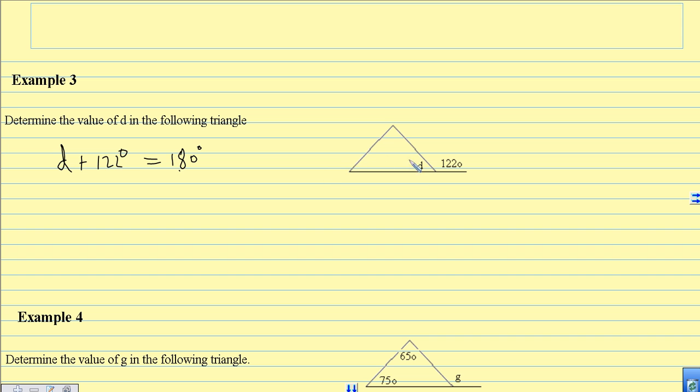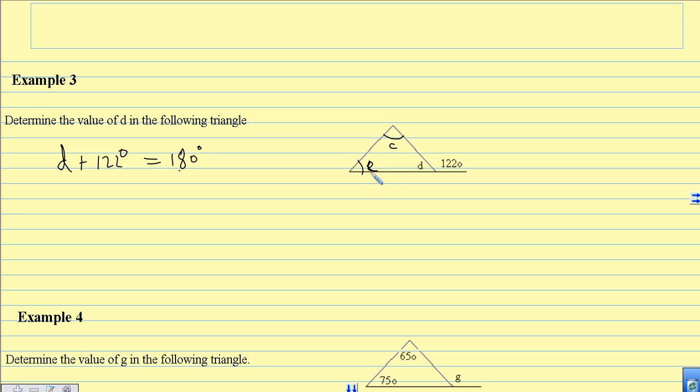But also, if I labeled this C and this angle E, D plus C plus E would have to be equal to 180 degrees.